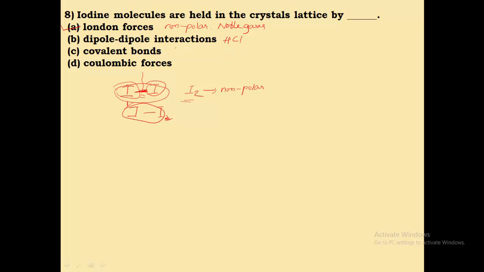Covalent bonds, you can observe in examples like diamond and graphite. Coulombic forces, NaCl, KCl are examples. So in this question, iodine molecules are held by London forces. So option A is the right one.